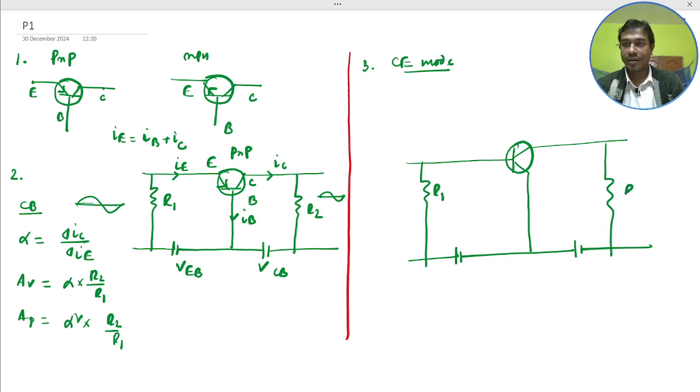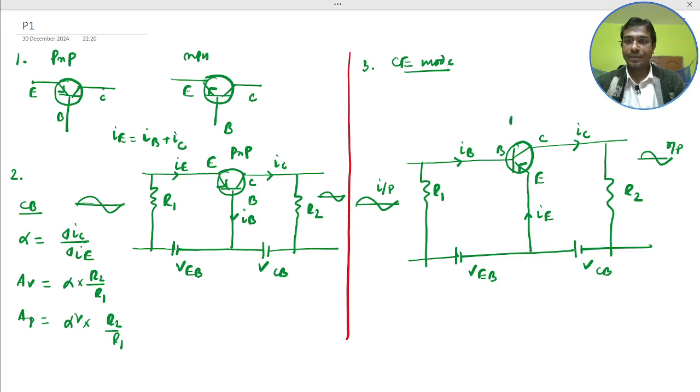This is R1, R2, input signal IP, here the output signal OP, and this is base, collector, and the emitter. Current would flow from emitter to base. This is the base current, collector current, and here the emitter current. This is the VEB, and this is the VCB.